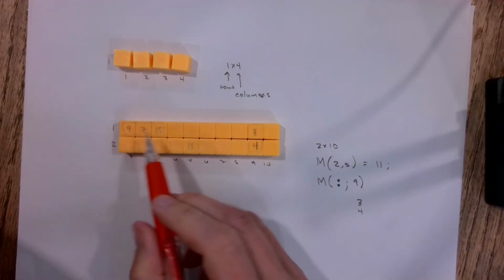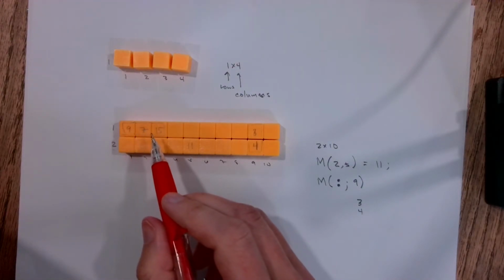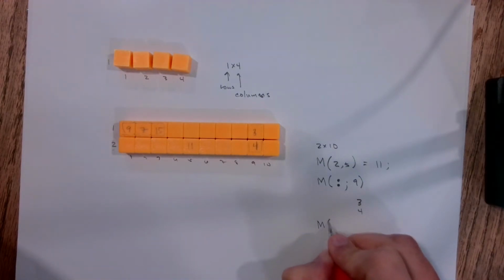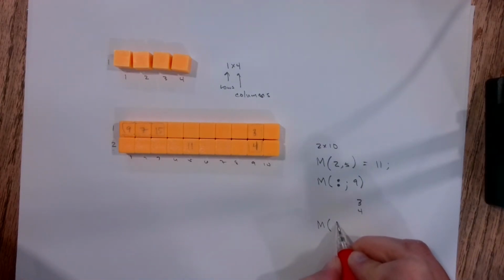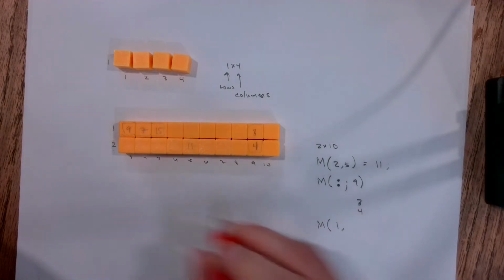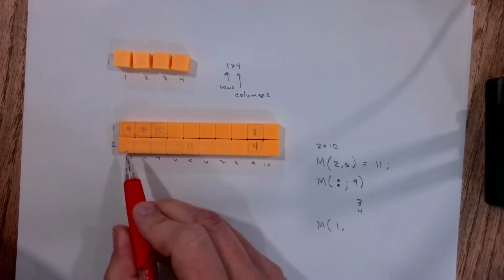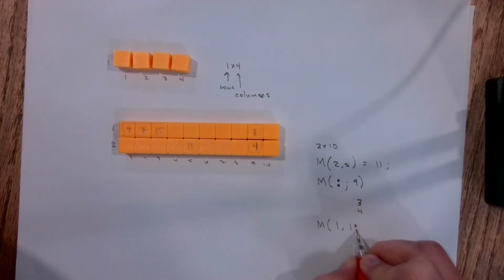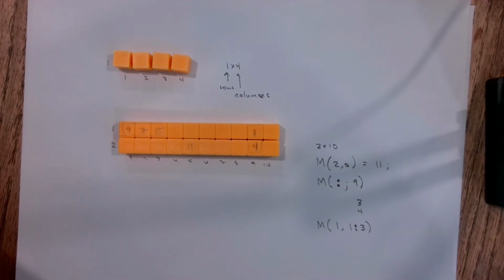So to get to these values that are stored in my matrix, what would I do? The row that I want is the first row, and the columns that I want are columns 1, 2, and 3. So I'm going to ask for columns between 1 and 3. And if I type this into MATLAB, that's how I can index into this particular spot.